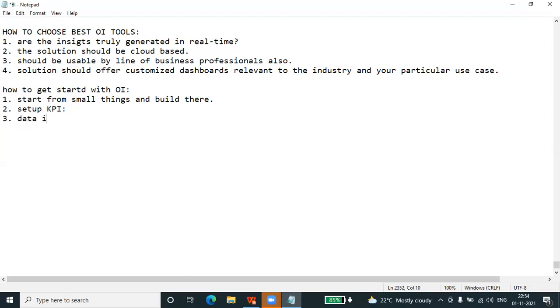Then data improvisation. You will find that some of your data is either insufficient in volume, low in quality, out of date, or all of the above. Clean your data feeds before you launch an operational intelligence initiative.